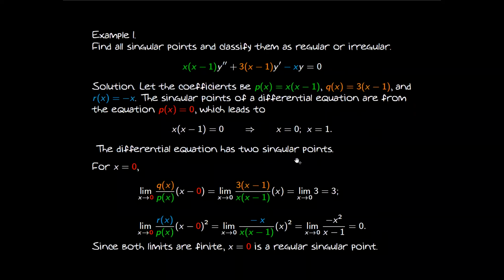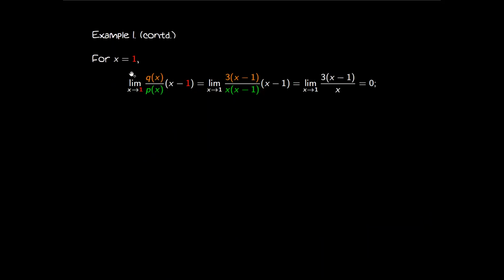For the second singular point, you're going to do the same thing. For example, for x is equal to 1, you're going to do Q over P, and then x minus this point when x approaches this same point. You plug all the coefficient functions in, the coefficients Q and P, and then you do the corresponding cancellations.